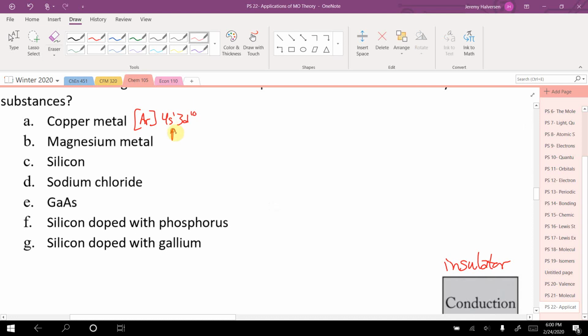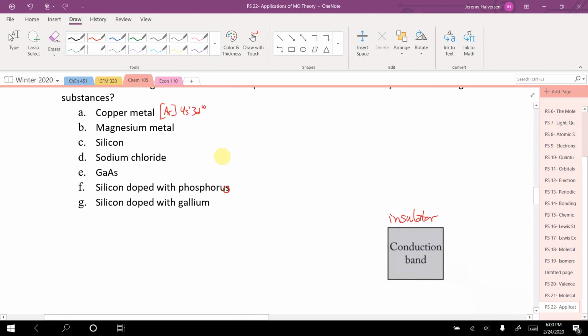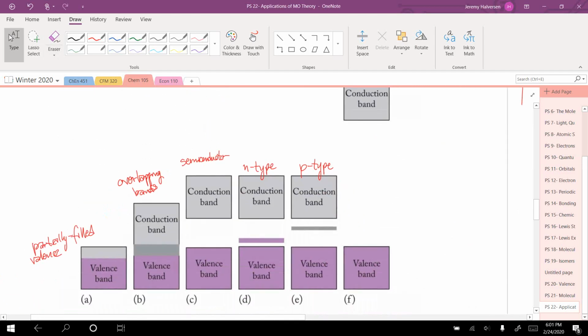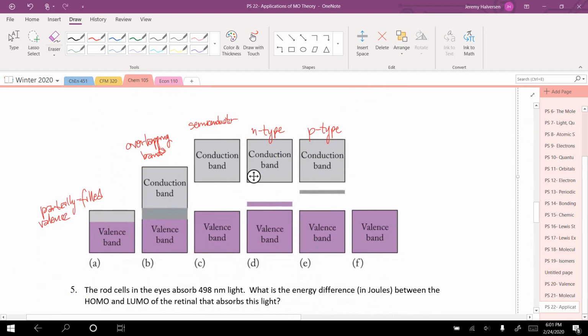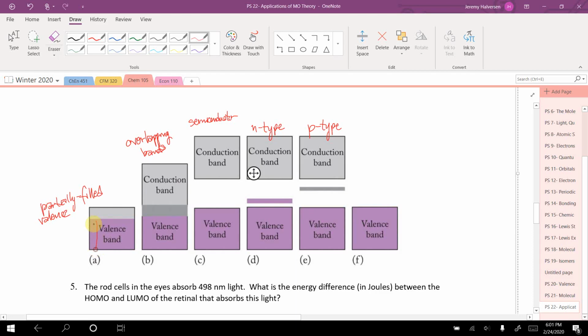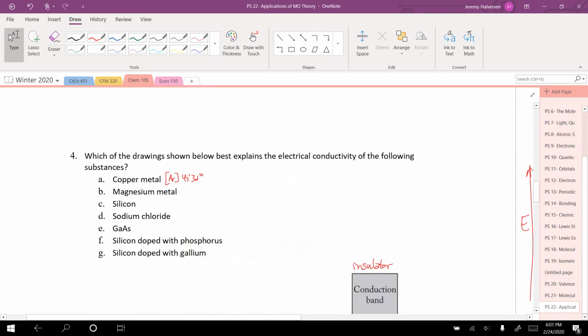That 4s1 suggests that the valence band is not full, so because it's not full, you could conduct electricity through the valence band. It's like a partially filled valence band. So copper would be represented by A.